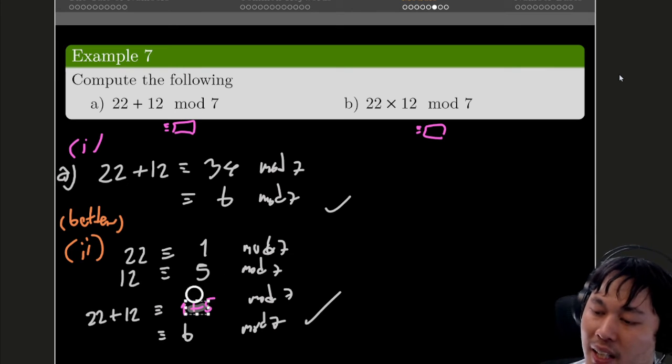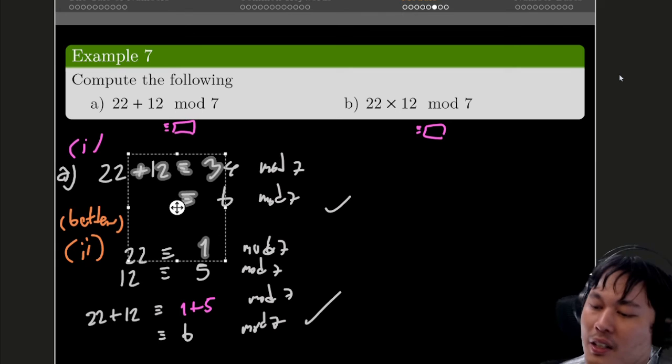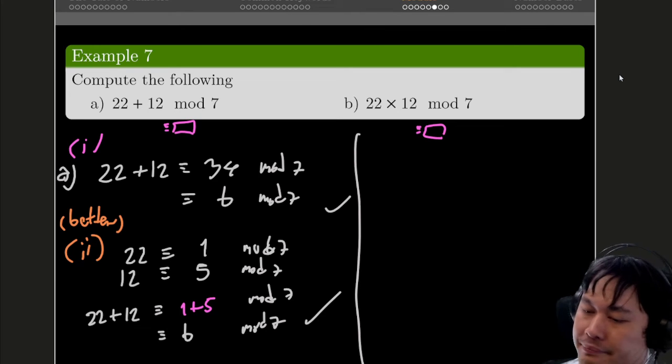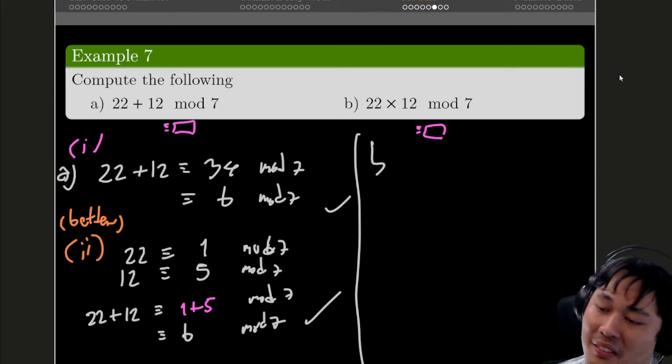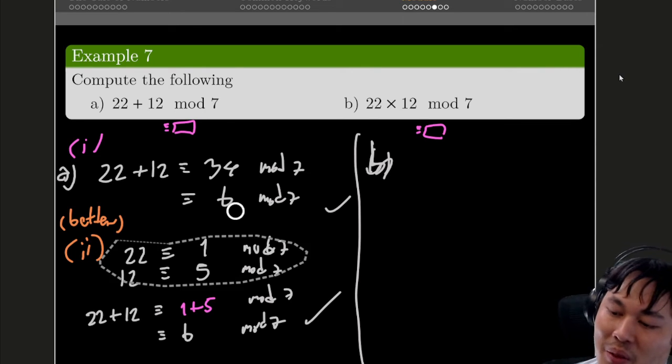Then maybe you can get this easier than summing it first and then doing the modulo. Okay, maybe the first example is not convincing for you. Oh, why do we have to do that?